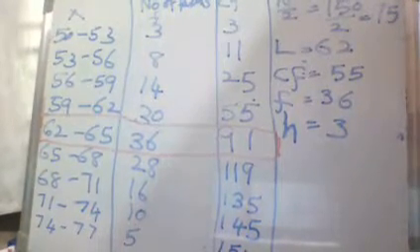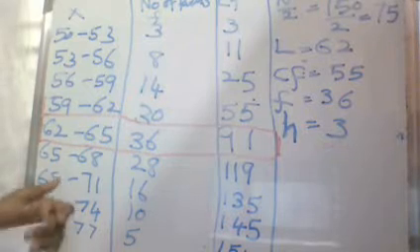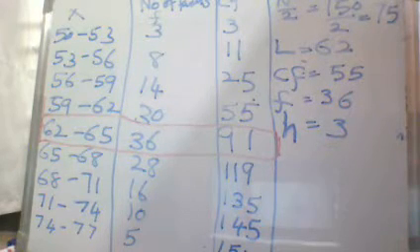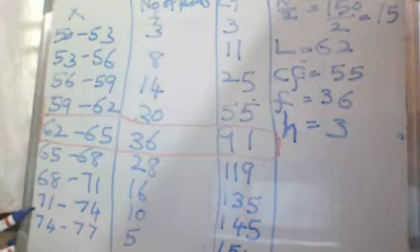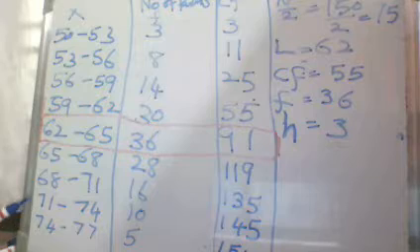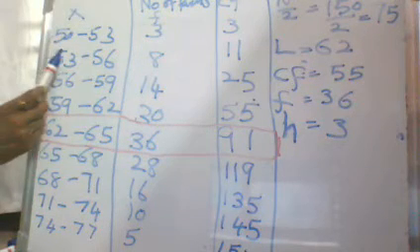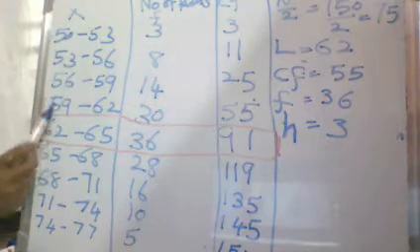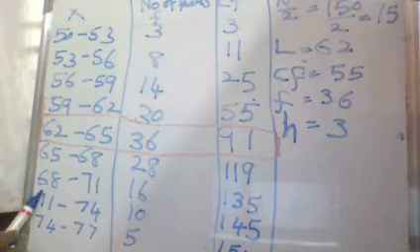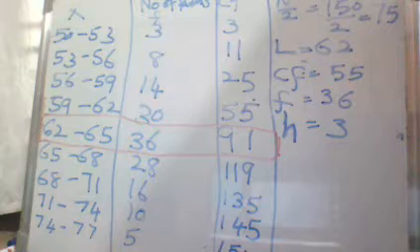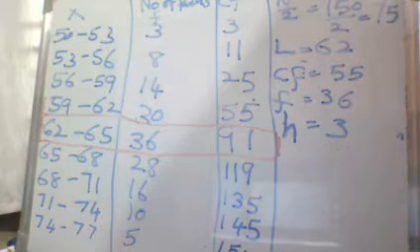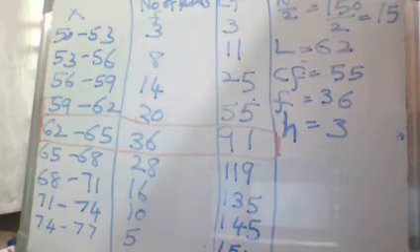Next problem. In this problem we need to find out the median. This one is the yield in kg per hectare, and this is the number of farms in that village. Near to 150 farms are there in that village.